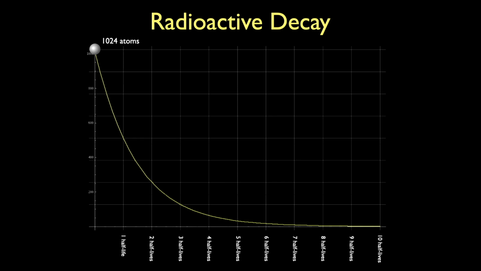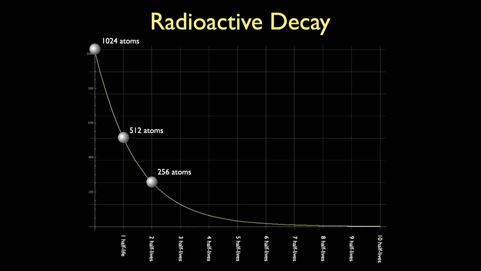If you wait one half-life, half of your isotope will decay, and you'll have 512 atoms left. If you wait one more half-life, half of that half decays, leaving you with 1/4 of the original 1024, or 256 atoms.